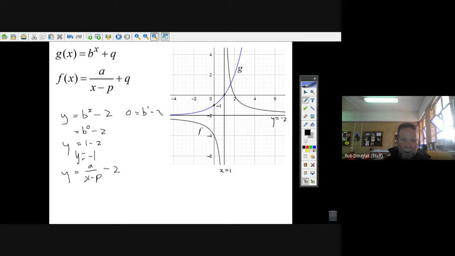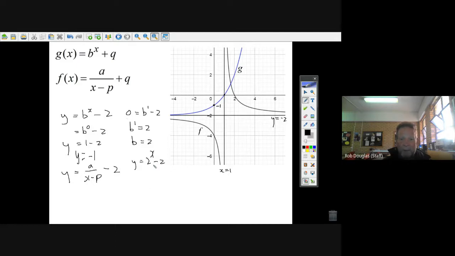Oh, look at this. b to the 1, I just add 2, that equals 2. So look, I showed that b is 2. This whole equation must be y equals 2 to the x minus 2. There's the exponential one, all done.